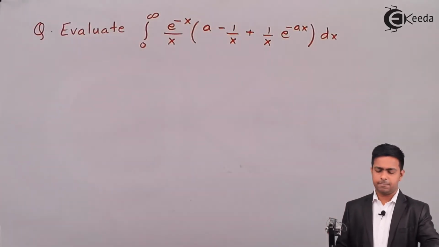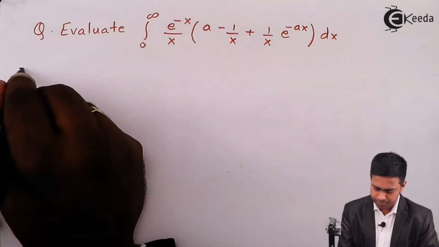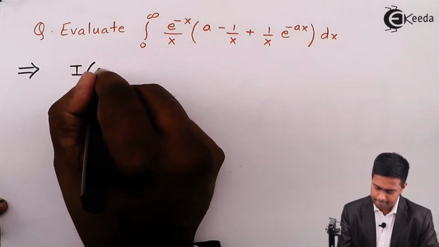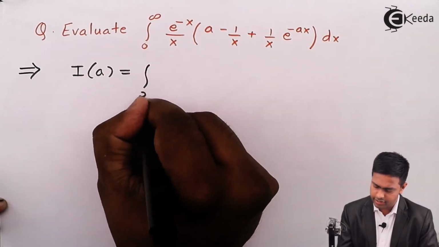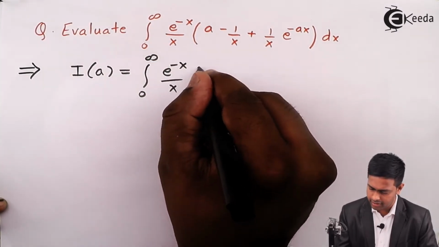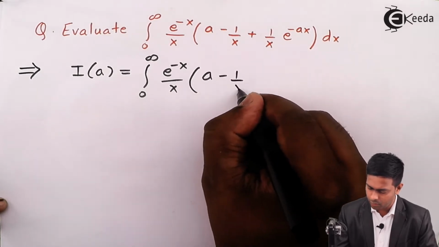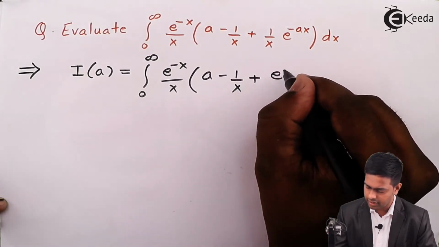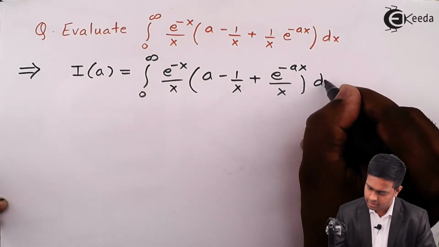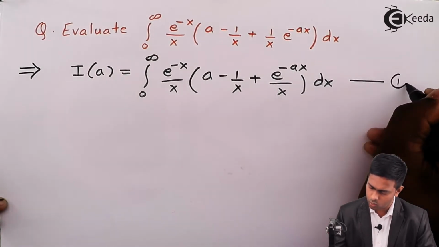So let's start. Here I'll say I of a is equal to integration 0 to infinity e raised to minus x upon x into a minus 1 upon x plus e raised to minus ax upon x dx, and this is equation number 1.